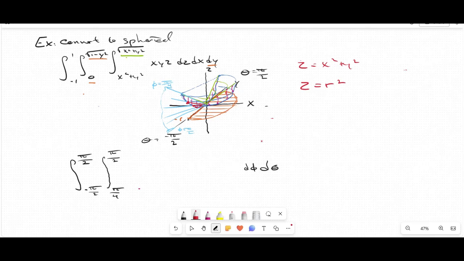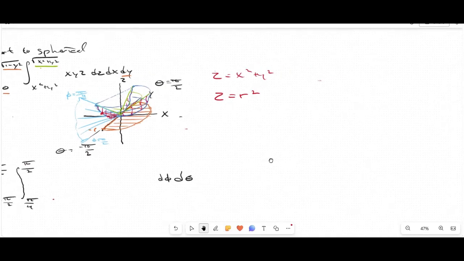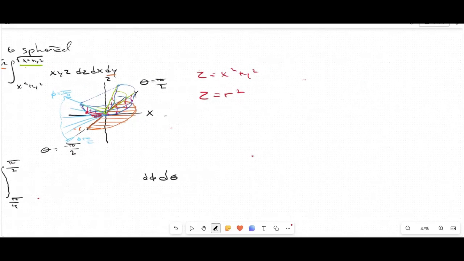I was trying to avoid doing this the hard way, but let's do this. How do we actually find x, y, and z coordinates from spherical coordinates? Well, z is equal to rho, the radius, times the cosine of phi.